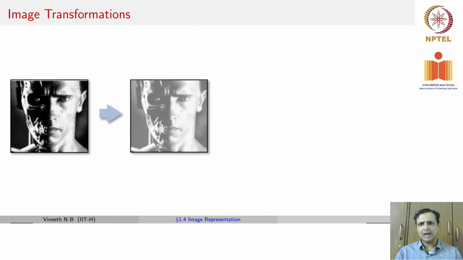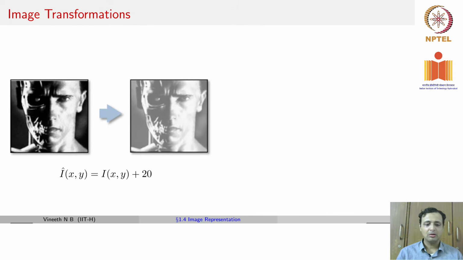So let's talk about transforming images when we look at them as functions. Here is an example transformation. You have a face and we seem to have lightened the face in some way. What do you think is the transformation here? Can you guess?